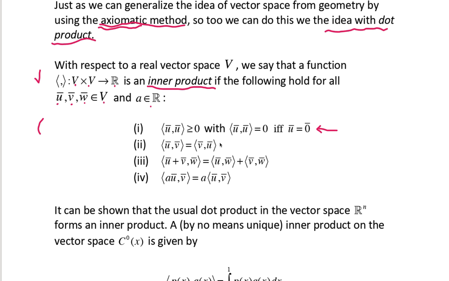Here, it doesn't matter what order you take the inner product. This changes to the complex conjugate when you're talking about complex vector spaces, by the way. But in real vector spaces, you don't have to worry about that. It's just saying the inner product of u and v is exactly the same as the inner product of v and u.